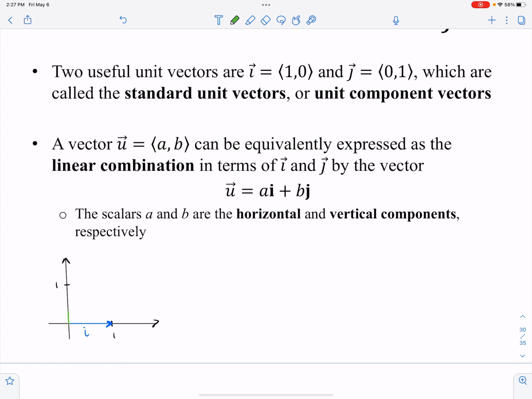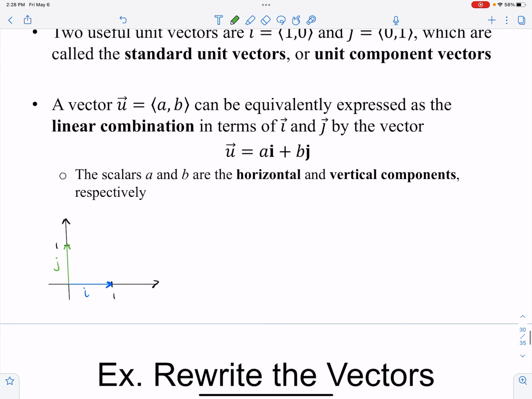And this would be vector j. Okay, so they are called standard unit vectors or unit component vectors. So a vector u that has horizontal and vertical components a, comma, b can be equivalently expressed as a linear combination in terms of i and j. So as ai plus bj.